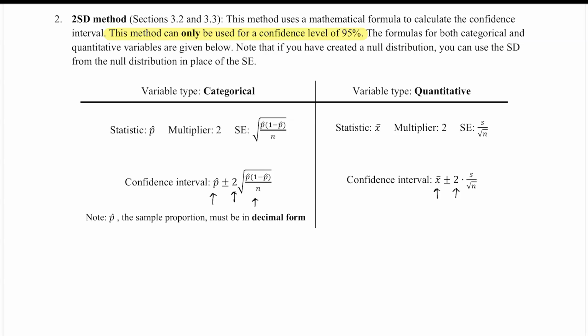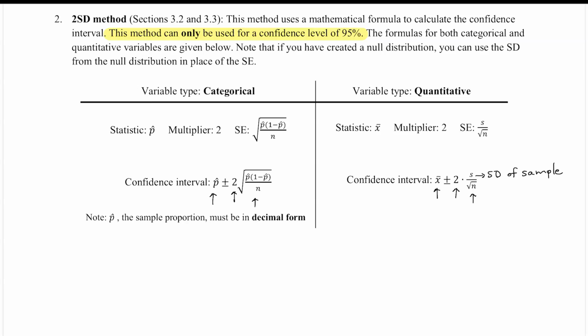If our variable is quantitative, the confidence interval is the statistic, x bar, plus or minus a multiplier, that would be 2 in this case, times the standard deviation of the null distribution, that is s over the square root of n. So just as a reminder, little s is the standard deviation of the sample.